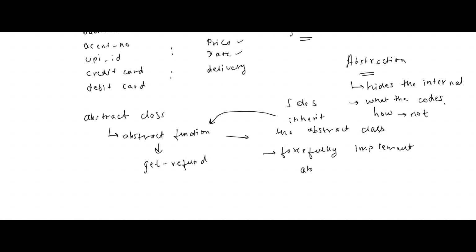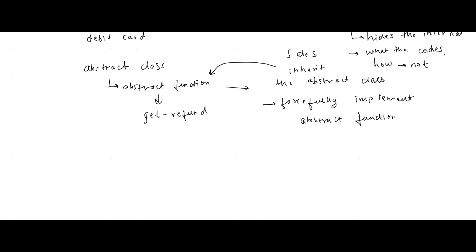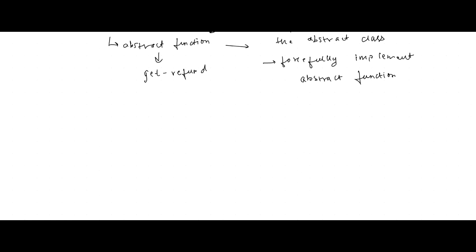Now, what does this mean? It means that you inherit my abstract class, so your get refund should be available in your sales function. But now you will have to implement the get refund function. Let me quickly put it diagrammatically. I'm going to define finance, which will be my abstract class.